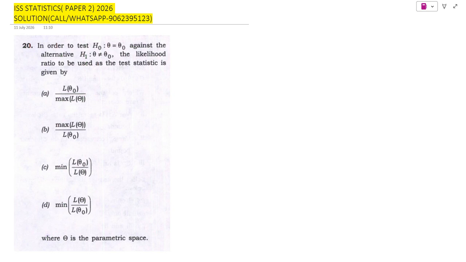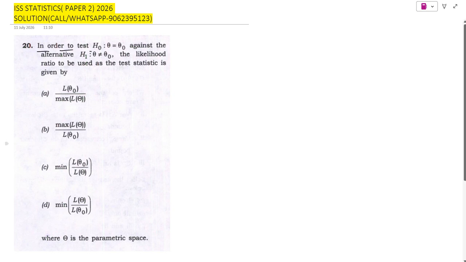It is based on one of the most fundamental ideas of hypothesis testing, the likelihood ratio test, that is the LRT. And once you understand this concept, you will never forget the formula. Okay, so read the question first.